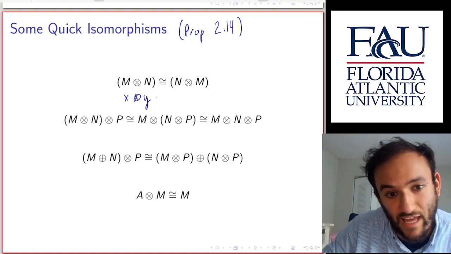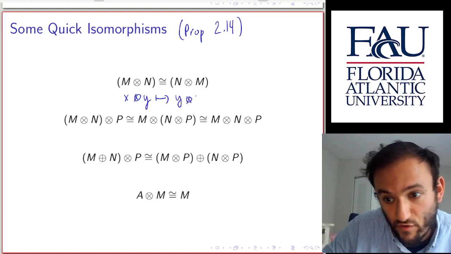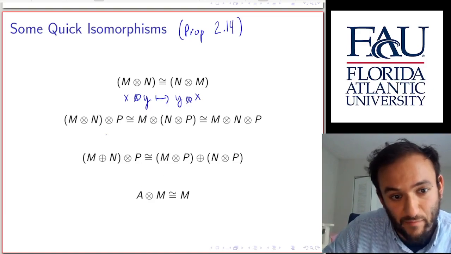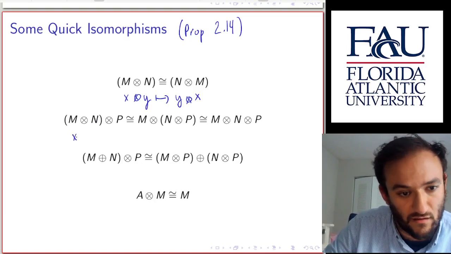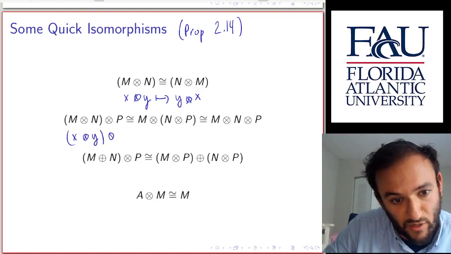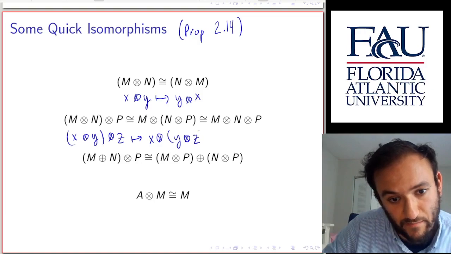That's isomorphic to N tensor M under the map just reversing the order. If you have three A modules, M, N and P, then you get this three-way isomorphism, which is kind of like an associative property. So here you could put the parentheses anywhere you like.